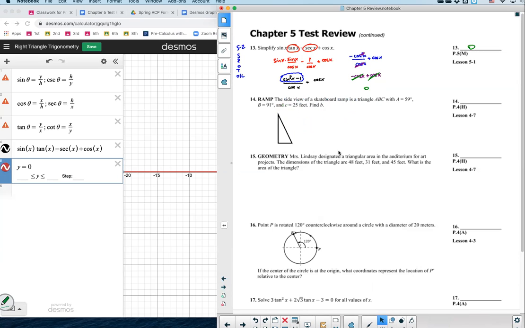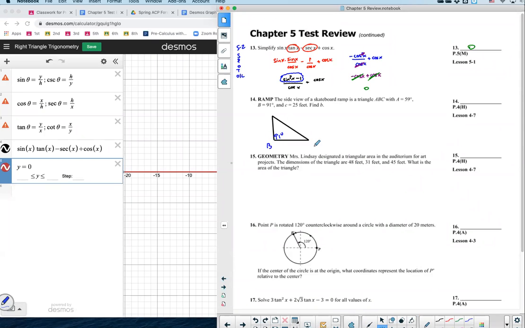I'm going to put the angles they gave, oh, it's not at a right angle at all. Let me redraw this. We have a ramp with one angle being 91, which is slightly more than 90. So there's 90. I'll just go just past it like that. Okay, so we have 91 degrees.